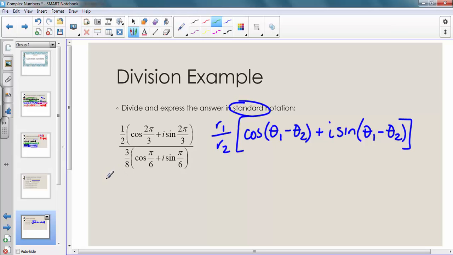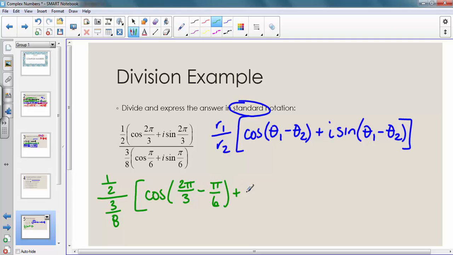So we're going to have R1, which is 1/2, divided by R2, which is 3/8, times the cosine of theta 1, which is 2 pi over 3, minus theta 2, which is pi over 6, plus I sine of theta 1, again 2 pi over 3, minus theta 2, pi over 6.